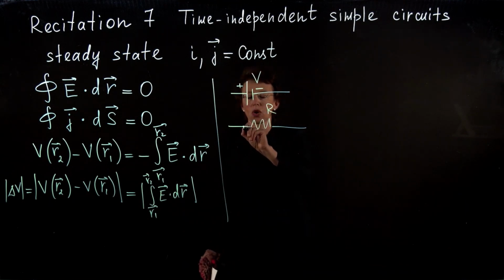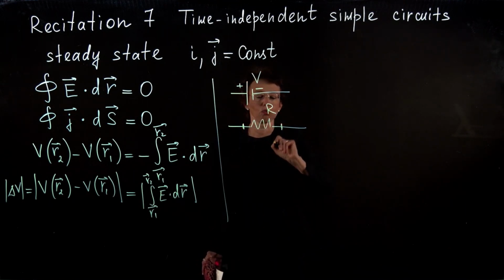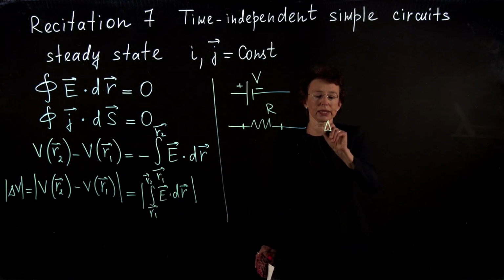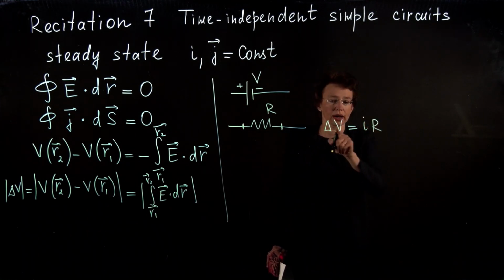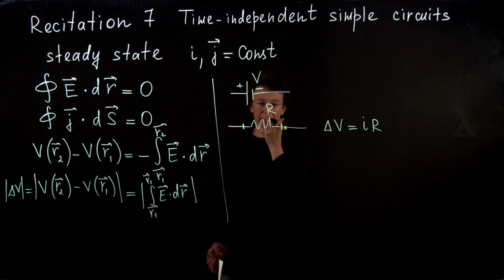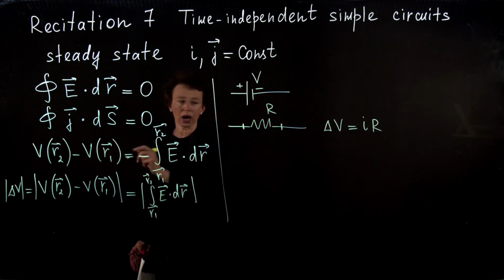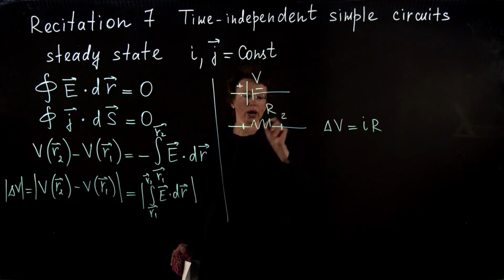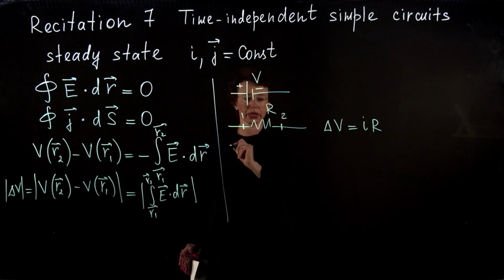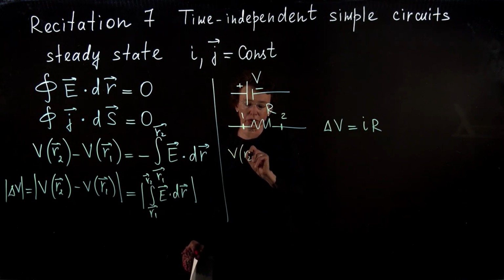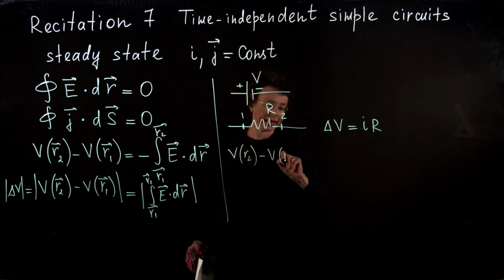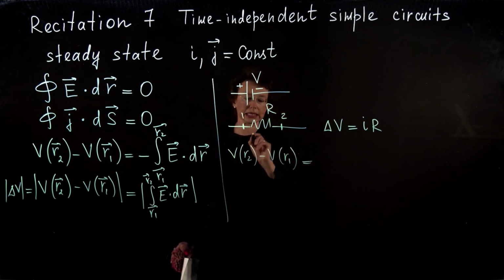According to Ohm's law, the difference in voltage across the resistor, delta V, is IR, because R is V over I. And if I write V at R2 minus V at R1, let's call this point 2 and this point 1, across this resistor, the length of this resistor, let's call it L.